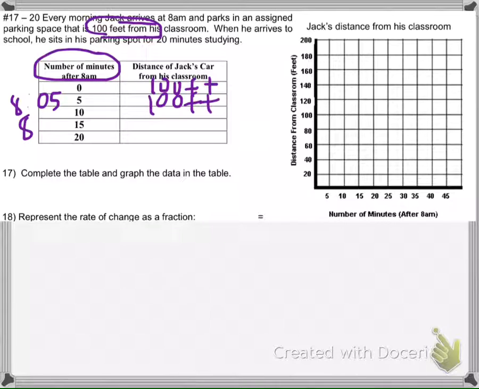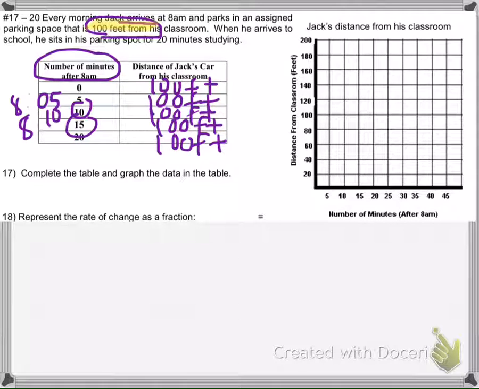Well, at 8:10, he's still 100 feet. And at 8:15, still 100 feet. And at 8:20, it's still 100 feet. Because the problem says that he stays in his car studying for 20 minutes. So from 8 a.m. to 8:20, he's not moving. He's staying in his car.